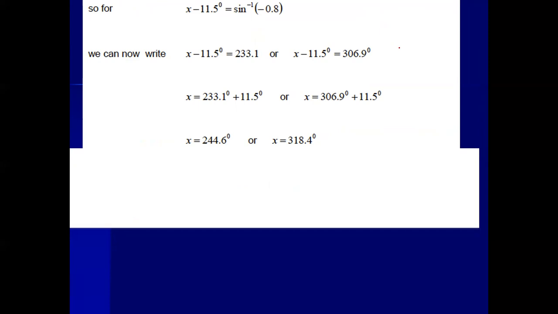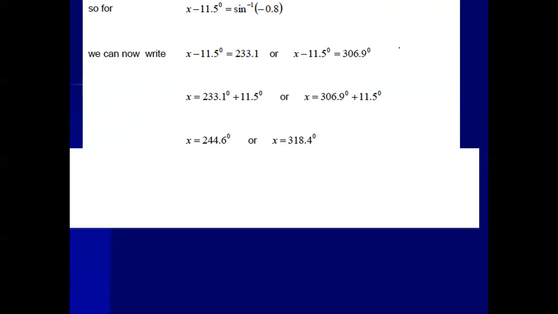Remember, to remove a degree, you need to divide by a degree. So I need to divide by 180. I want this to be radians. Because it's degree, if I divide by a degree, the unit will go, and then I multiply by pi, it's going to be radian. So if you think like that, it should come much easier, right?